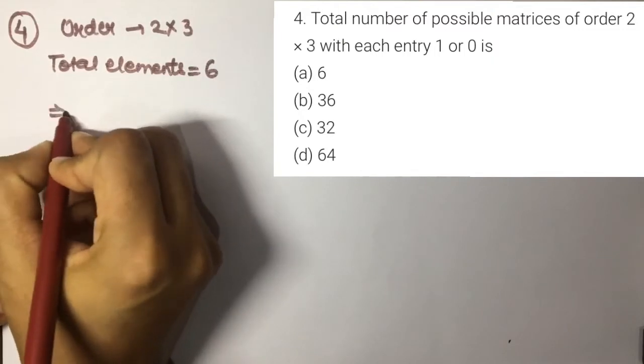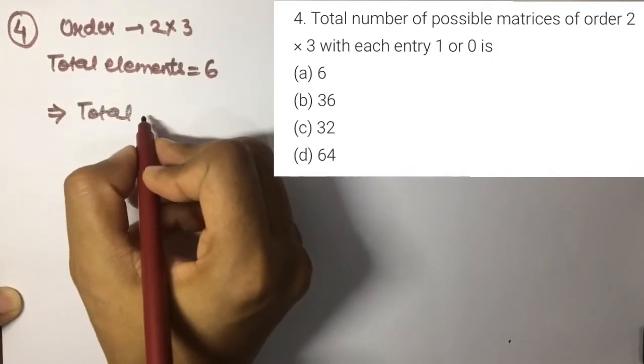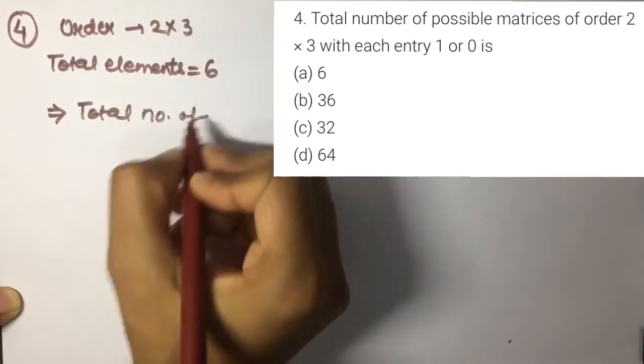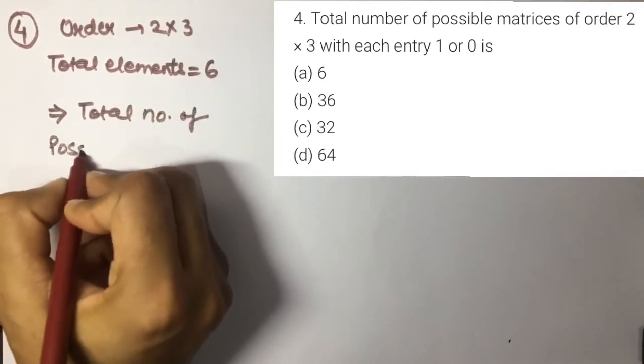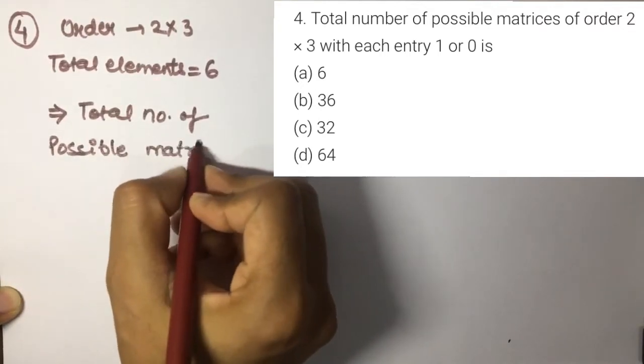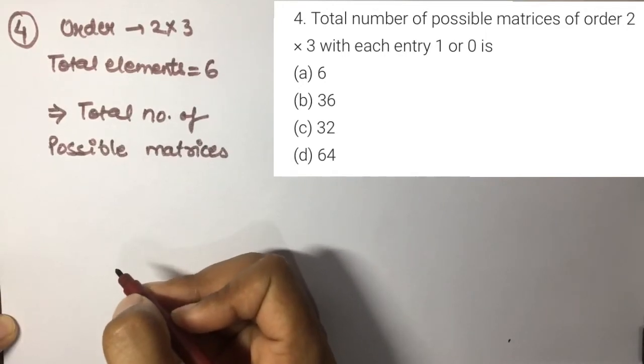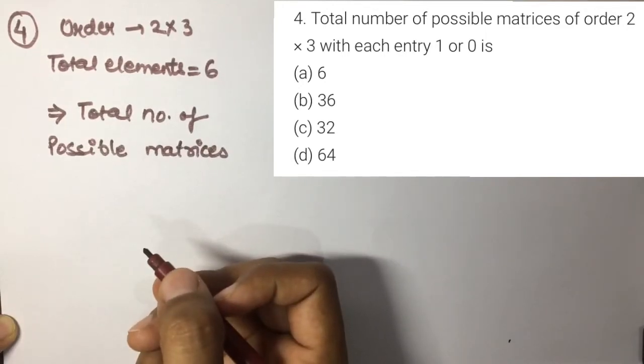So total number of possible matrices, हमें matrices बतानी है ना कि कितने टोटल नंबर ऑफ वेज हो सकते हैं matrices के जिसका ऑर्डर क्या हो 2 क्रॉस 3.